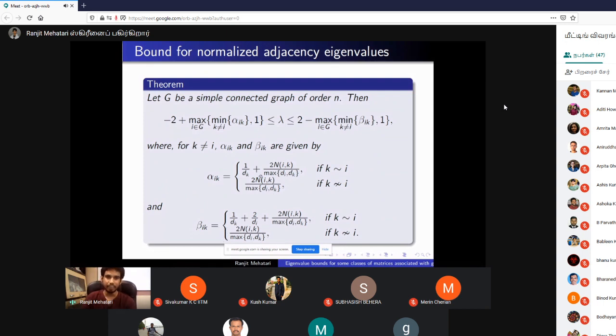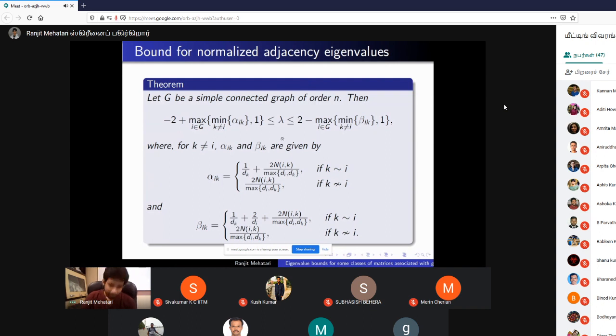Alpha_ik is 1 by d_k plus 2 n_ik by maximum of d_i, d_k if k is neighboring to i, and 2 n_ik by maximum of d_i, d_k if k is not connected to i. And beta_ik equals 1 by d_k plus 1 by d_i plus 2 n_ik by maximum of d_i, d_k if i is neighboring to k, and 2 n_ik by maximum of d_i, d_k if k is not neighboring to i.